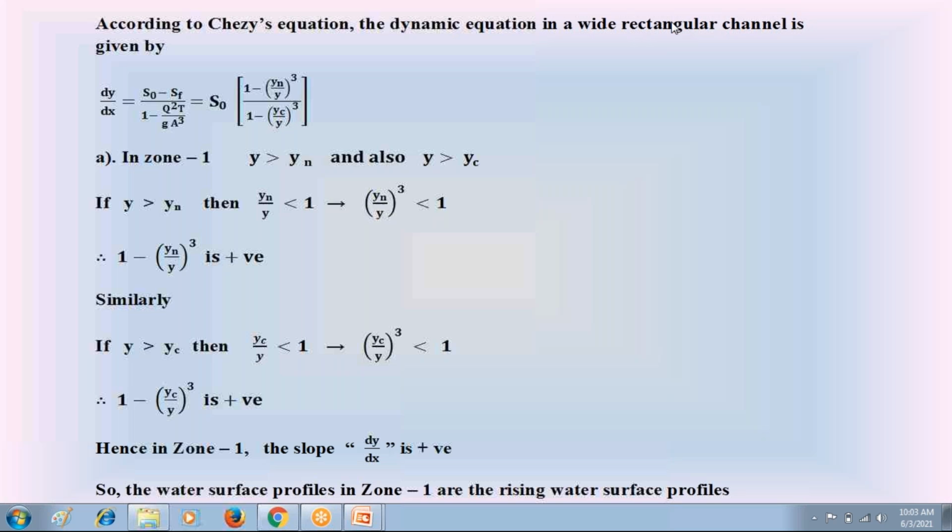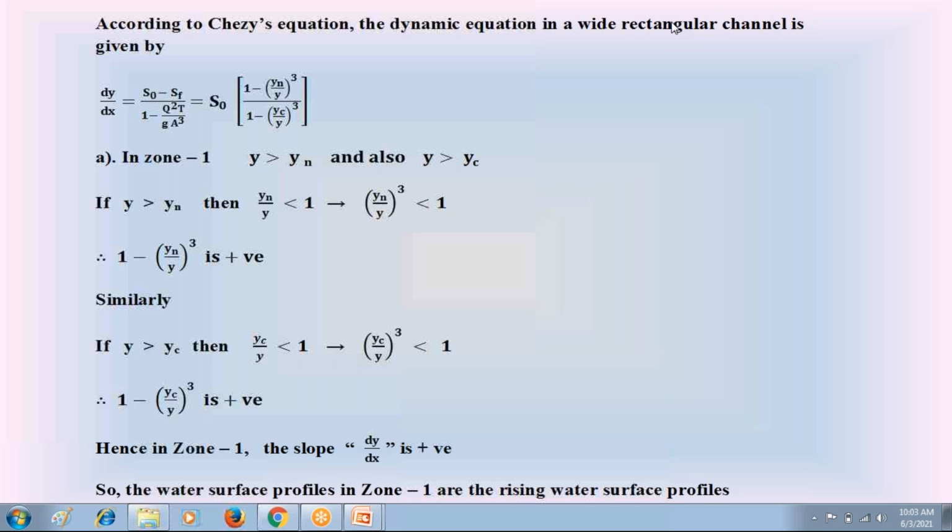Whether the slope is mild, steep, or critical, in zone 1 the slope dy by dx is positive. So all the water surface profiles in zone 1 have that positive slope dy by dx, and all are rising water surface profiles.